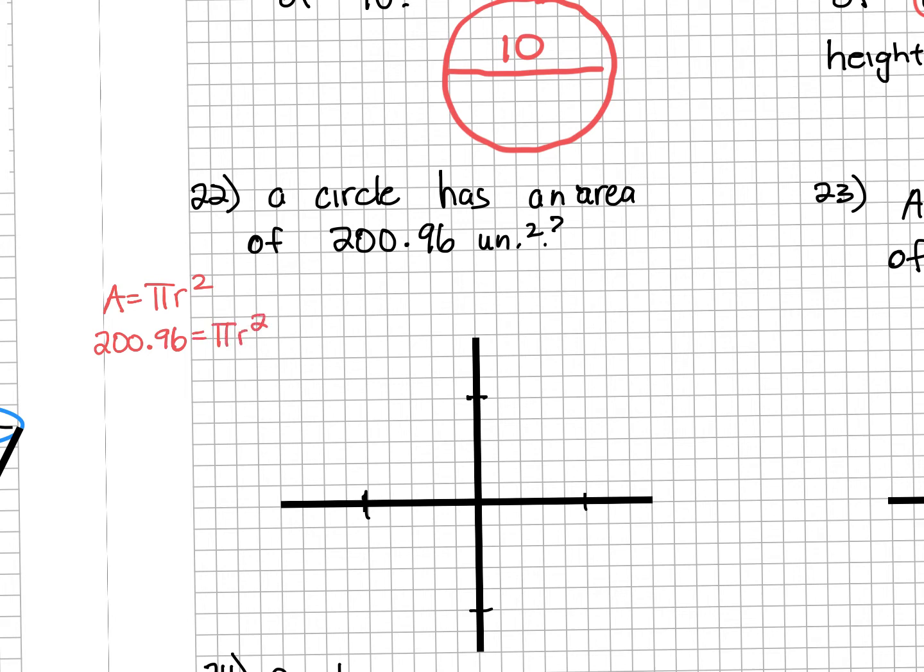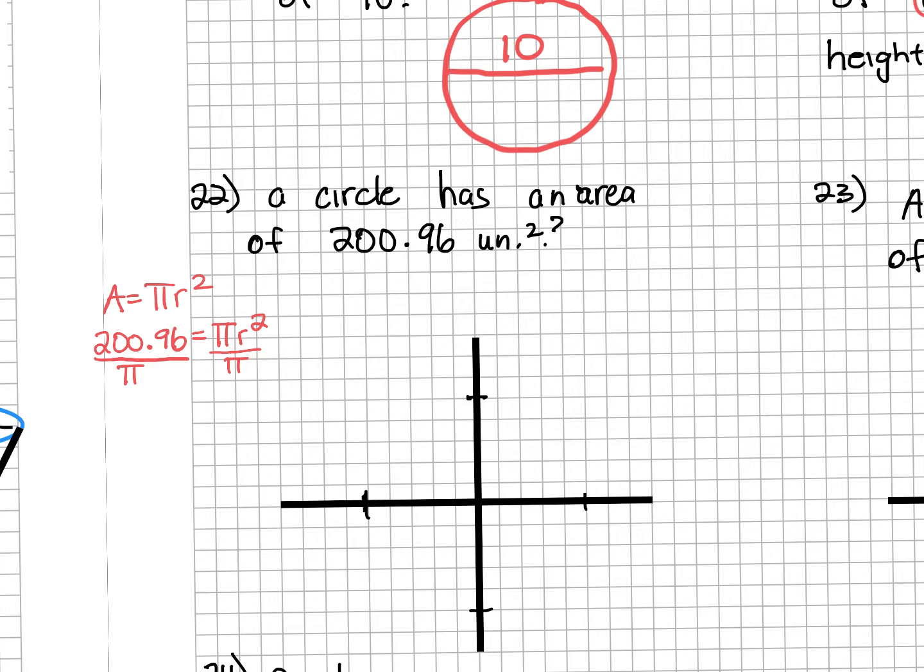Well, first thing you're going to have to do is divide by pi, because we're just trying to find the radius by itself. So let's divide by pi, or in other words, let's see how many groups of pi 200.96 is. So divide that by 3.14, and you should see how many groups of pi that is.